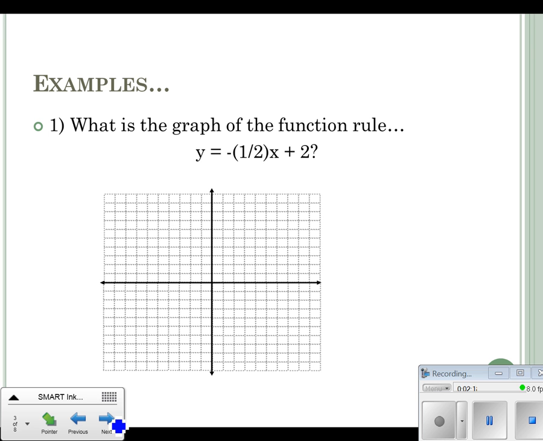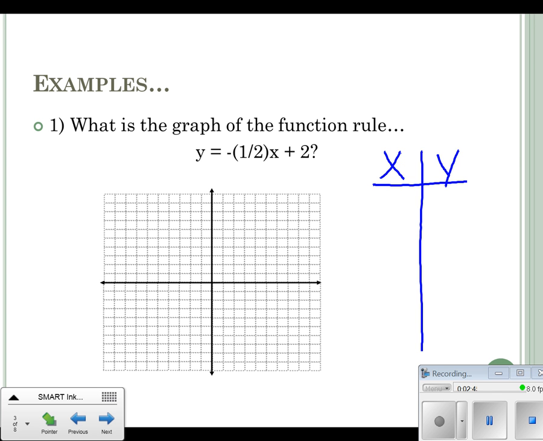What is the graph of the function rule y equals negative 1/2 times x plus 2? So we are going to make a table for our ordered pairs as we graph this function rule. And we can put any value in for x that we want.